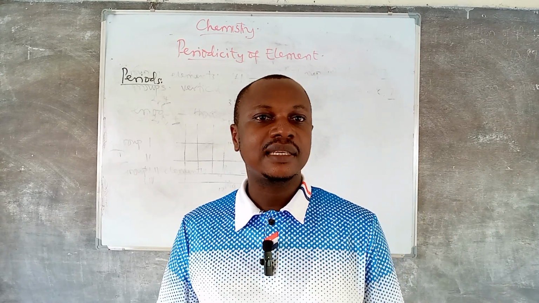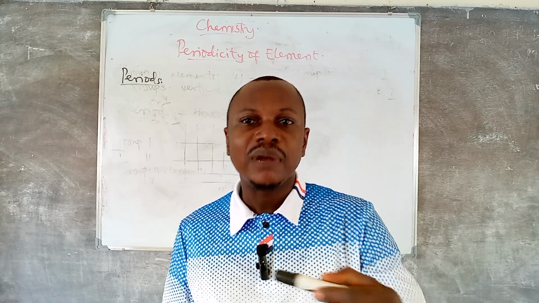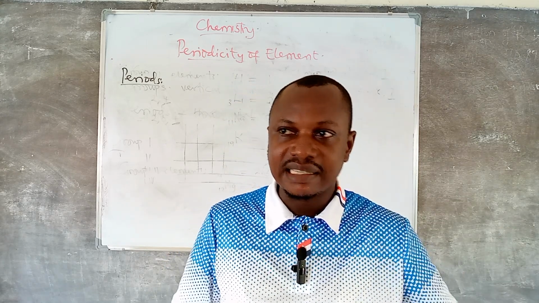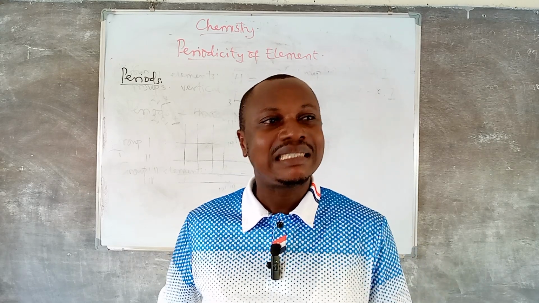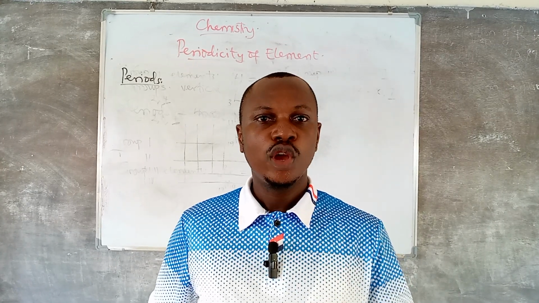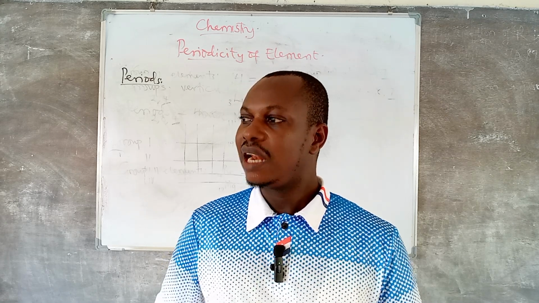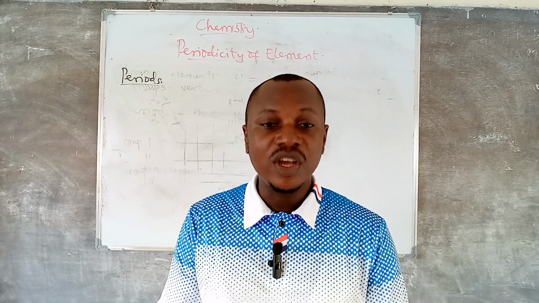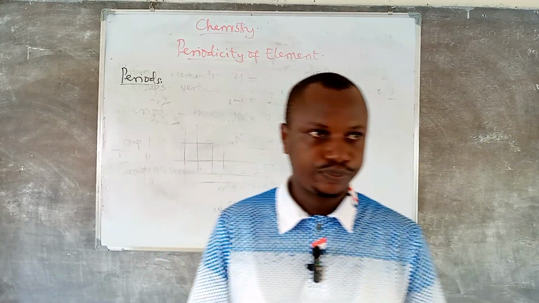If it has 6 shells, it is qualified to be placed in period 6. Elements in the same period have the same number of electronic shells. Please don't confuse it with elements in the same group. Elements in the same group will always have the same number of valence electrons.